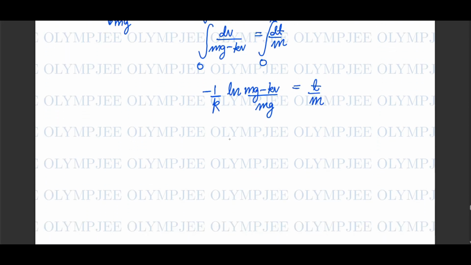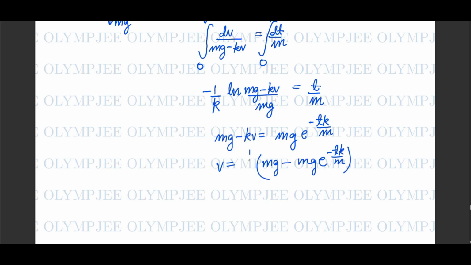From here we will get mg minus kv equal to mg raised to power minus tk by m, and velocity will be mg minus mg e raised to power minus tk by m, multiplied by 1 by k.